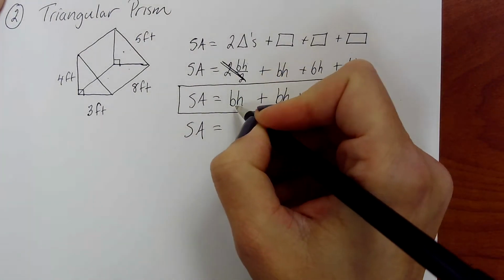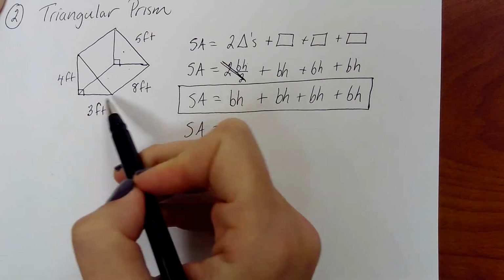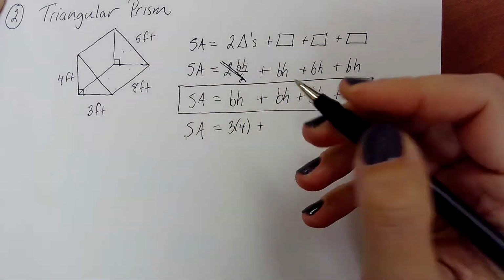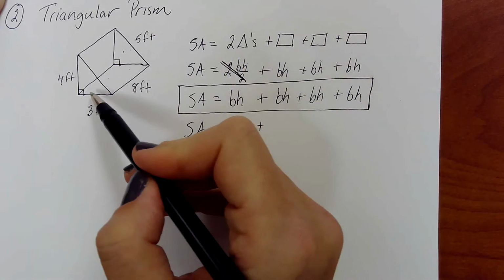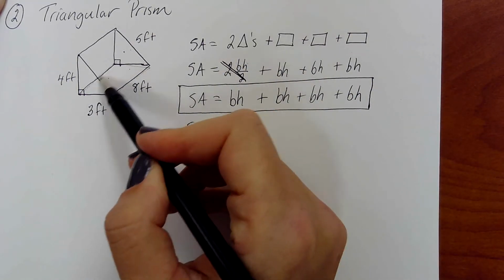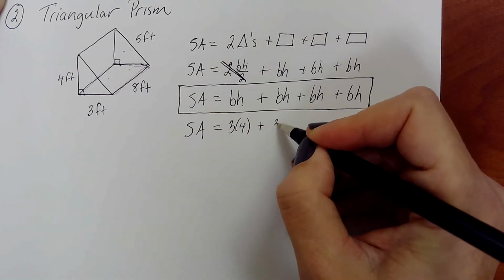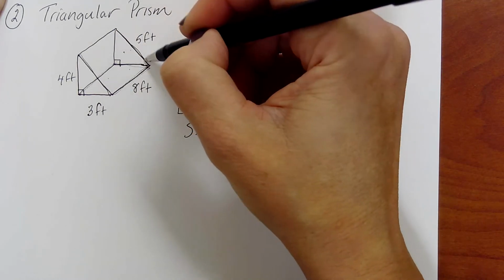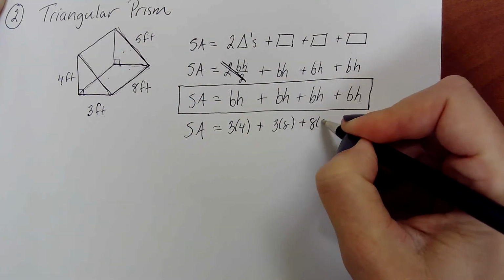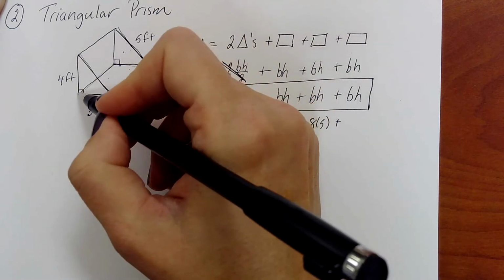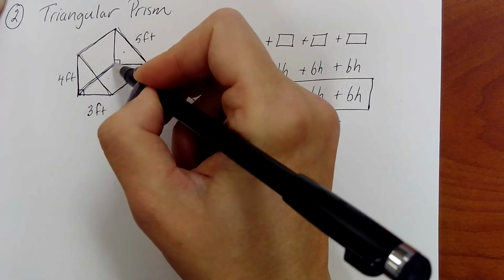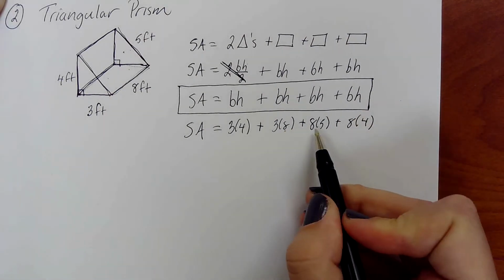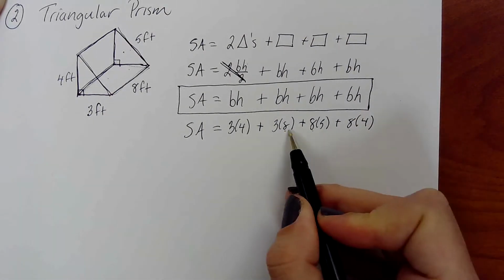So I'm going to do the base and height of the triangle first. Find that, 3 and 4. So that's the triangle. From here, I don't know. I'll do the bottom, I guess. 3 by 8. Then we've got this side guy, 8 by 5. And then we've got this back guy, 8 by 4. A little hint, do you notice that the 8 is in every rectangle?